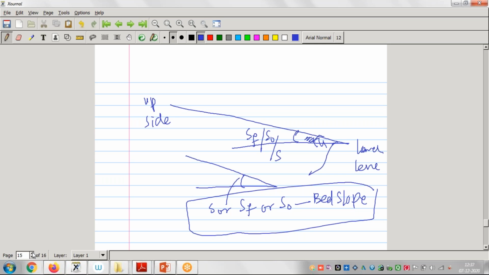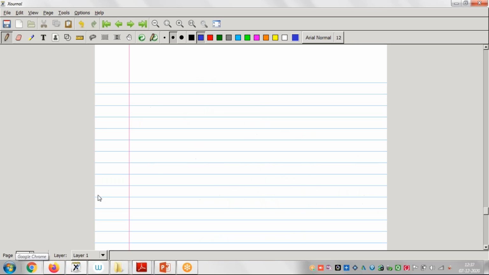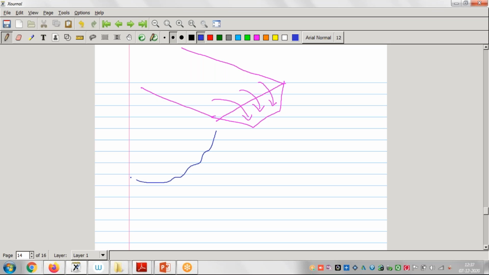See here. Suppose this is our channel, right? You might have seen that water is flowing in this channel, and one channel is also here, and water is also flowing in this one.